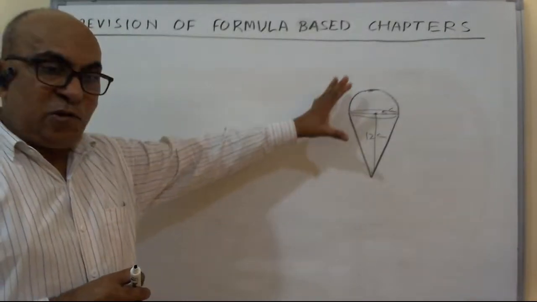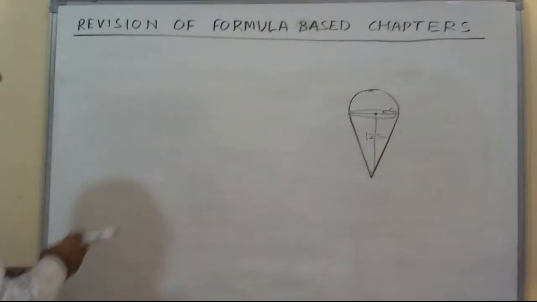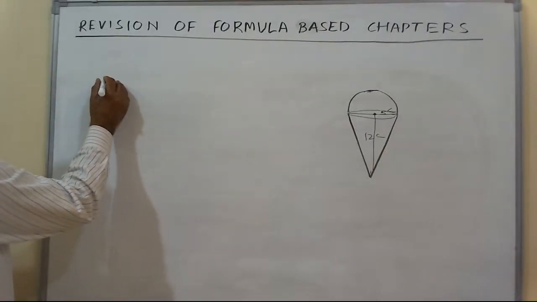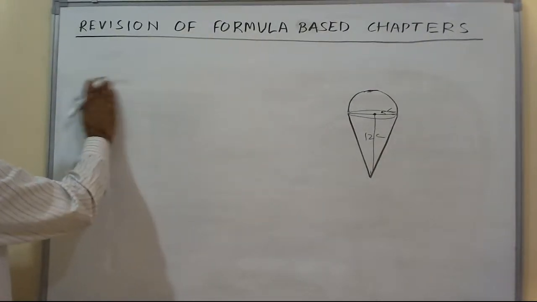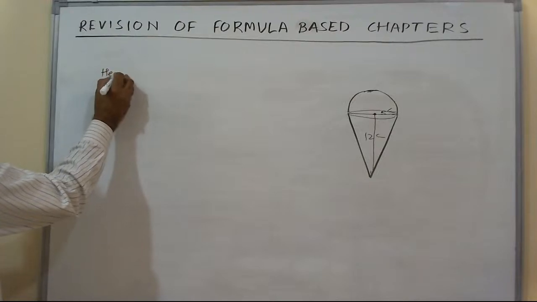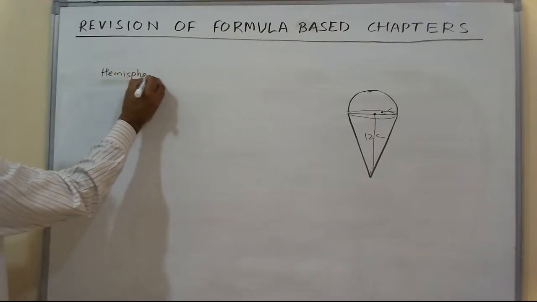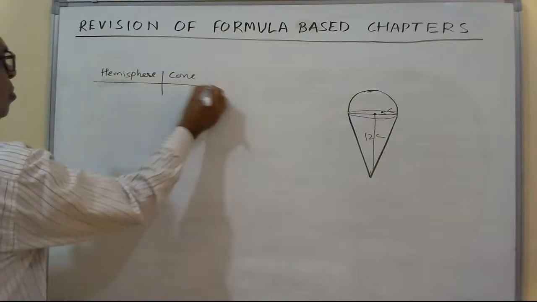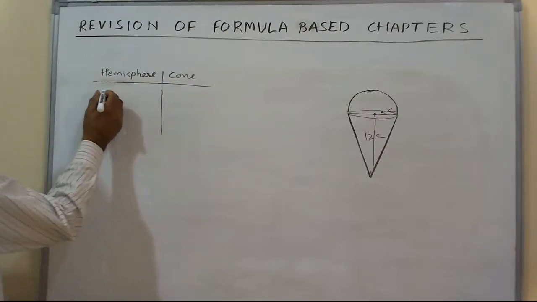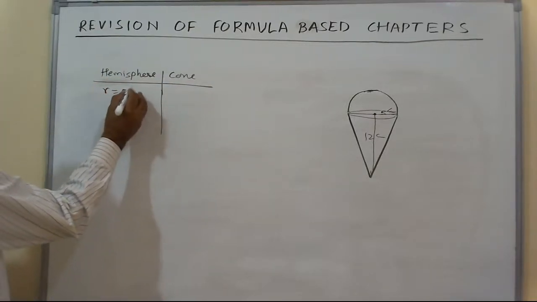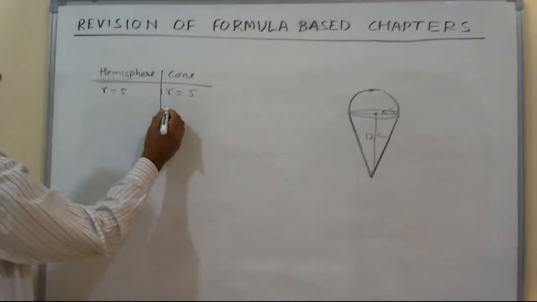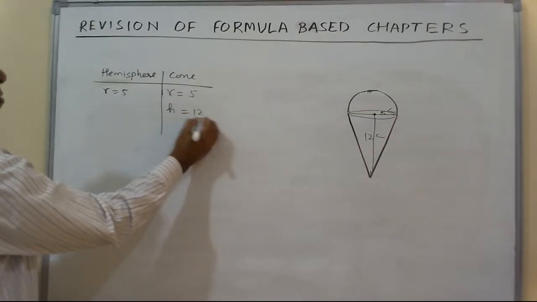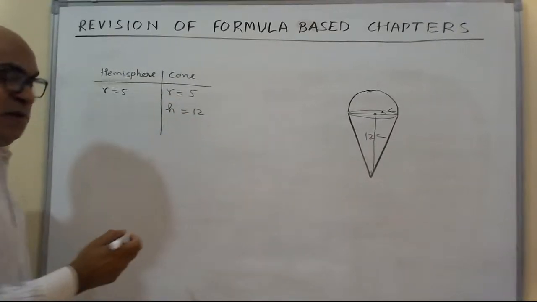So okay, boys, here r equal to 5, we collect information. Hemisphere and cone. So hemisphere radius is 5, cone radius is 5 and height is 12, and you have to find the surface area.